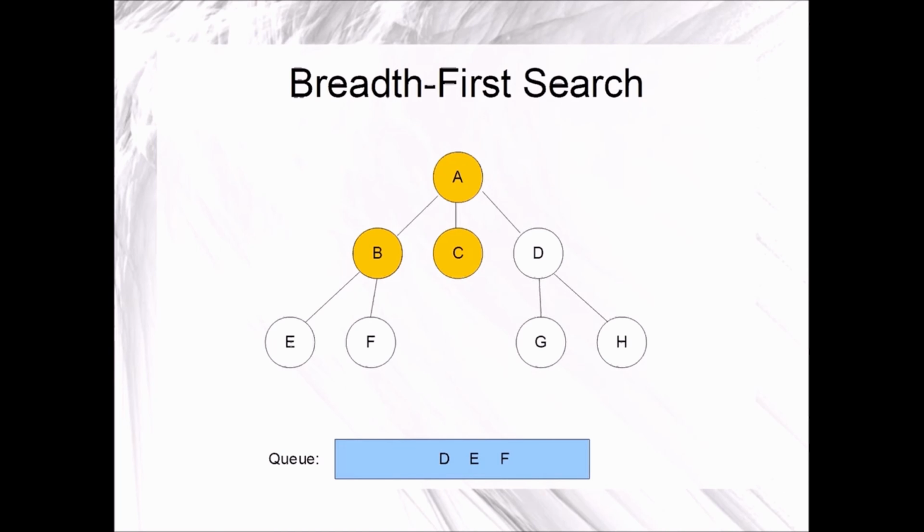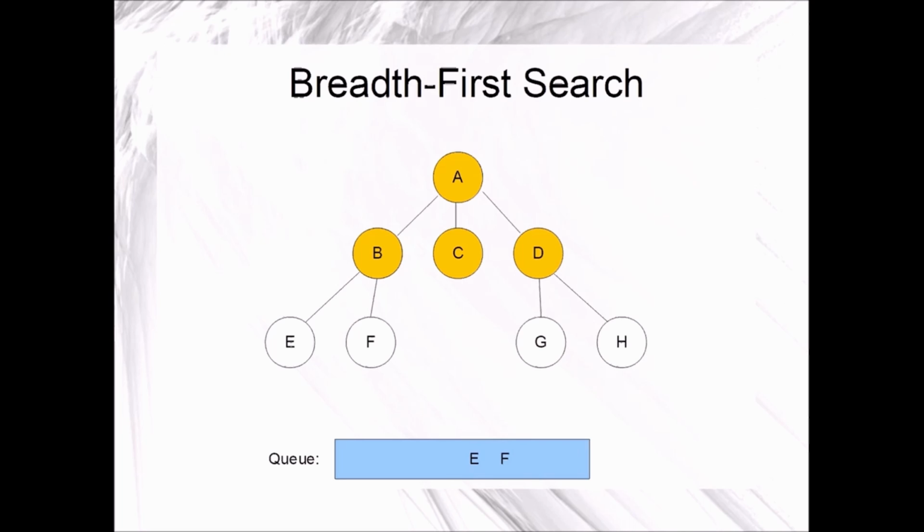Next, we enqueue all adjacent unmarked vertices. There are none. This ends the repetition. Since the queue is not empty, we will have another repetition. That will begin by dequeuing D and marking it.